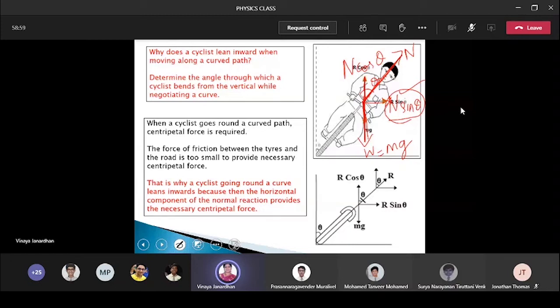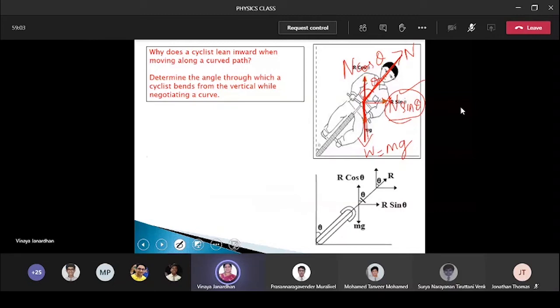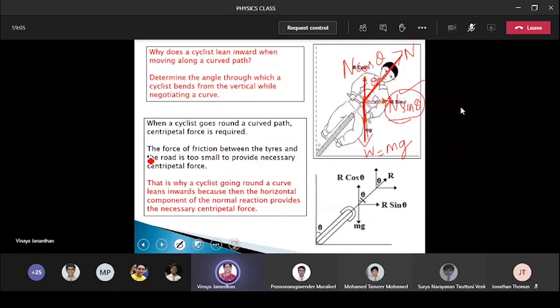The question is, you have to find the angle theta. Write down all these 3 points and only this diagram. No need for the diagram with a person. You can only go with a block diagram. Diagram is very important, boys.